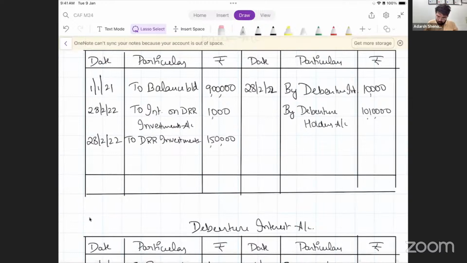So the total on the debit side is 9 lakh less 1,000 less 1,50,000. The balancing figure is 31,000.